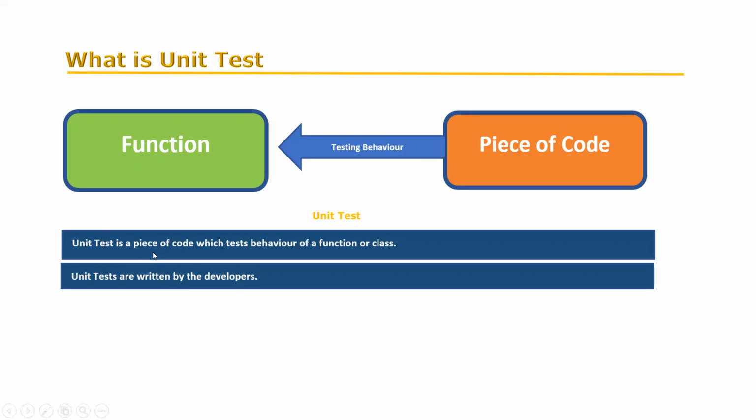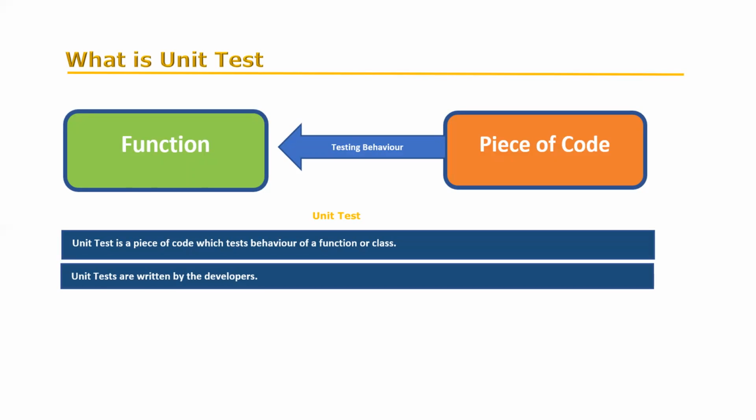As I said, a unit test is a piece of code which tests the behavior of a function or a class or an object or a structure or a union, or the view, partial view or layout, whatever terminology you use; it depends on the area you are working on.